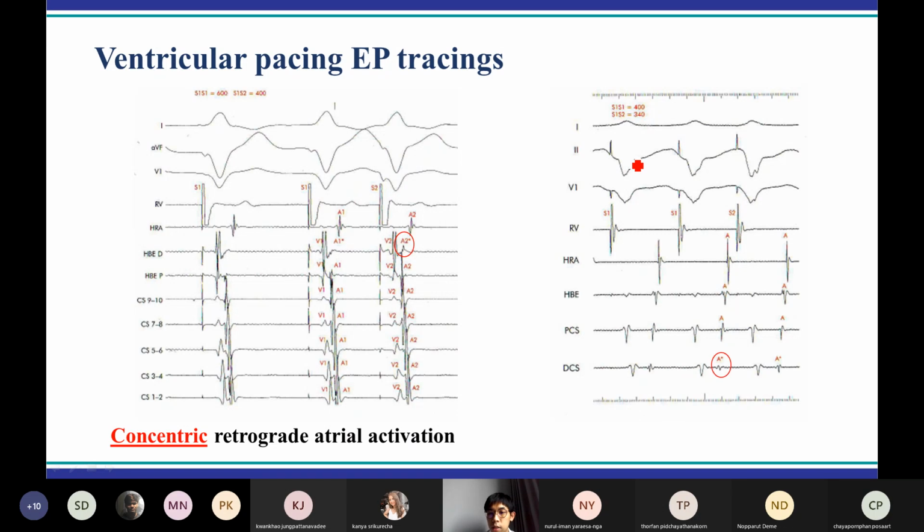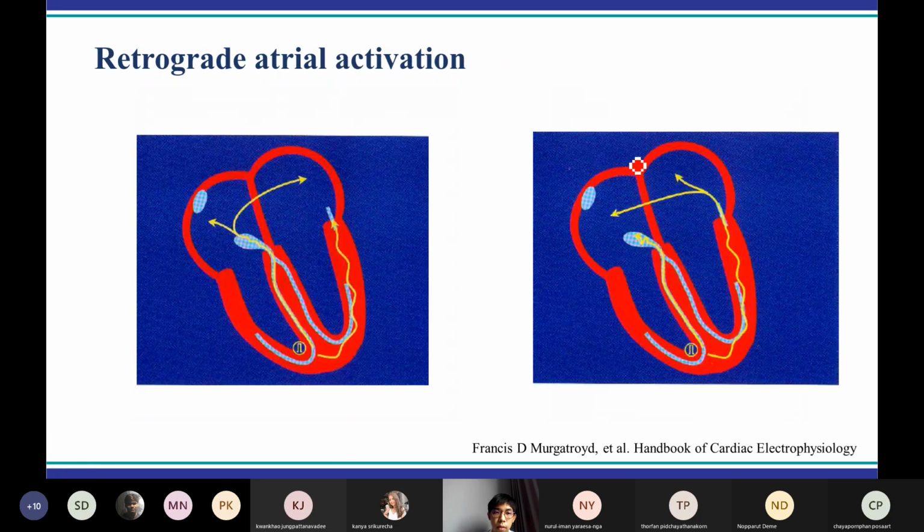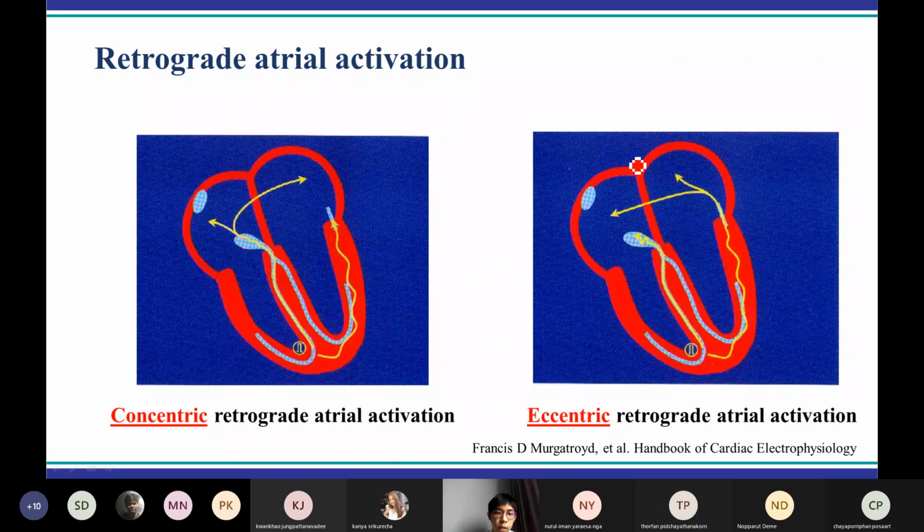And the second one is eccentric retrograde atrial activation because the earliest retrograde atrial activation occurs in the distal coronary sinus. This describes concentric and eccentric retrograde atrial activation.